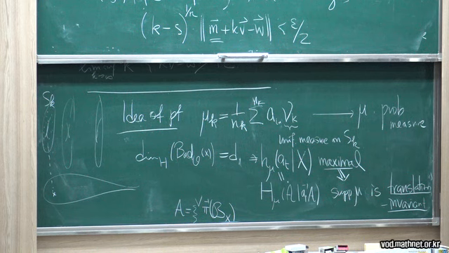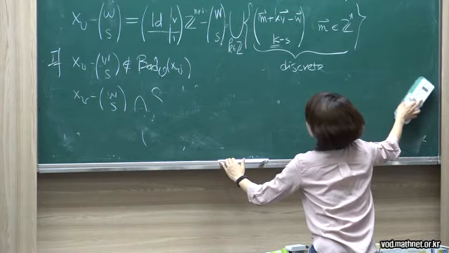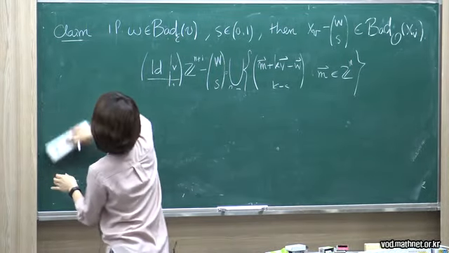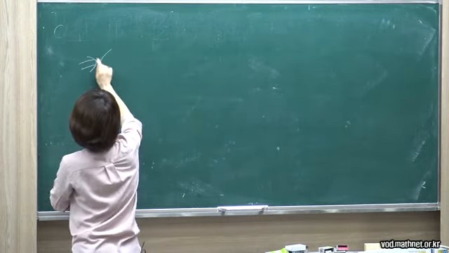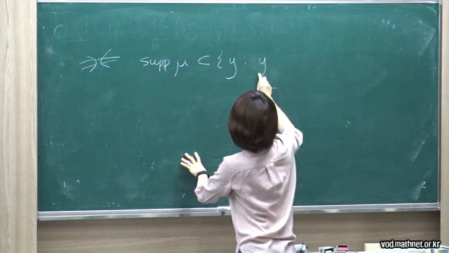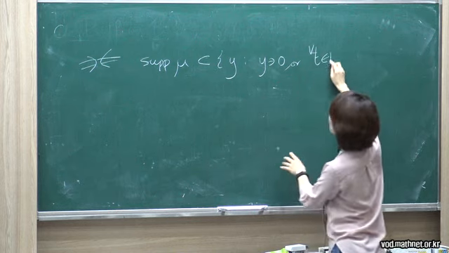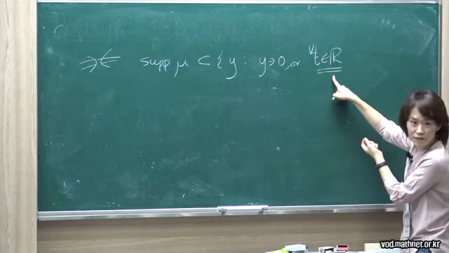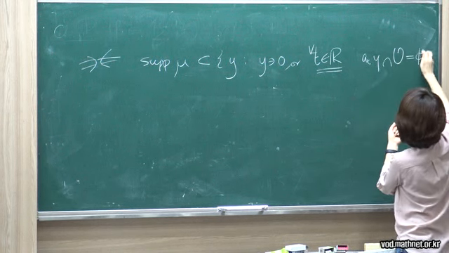That means that either the support should be a lattice, or, so maybe I should write here, the last thing I would say is that it's a contradiction because the support of mu, Y, is either a lattice, or for every t, not only for positive t, but for every t, the intersection of AT with O should be empty.